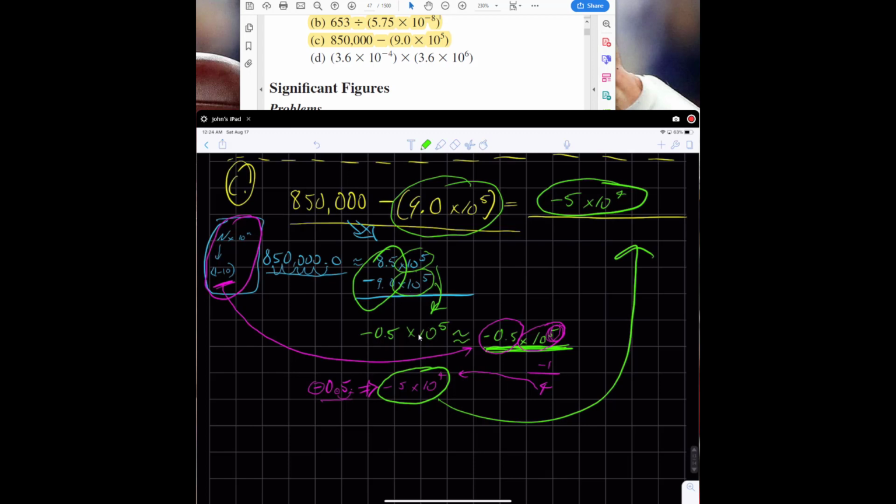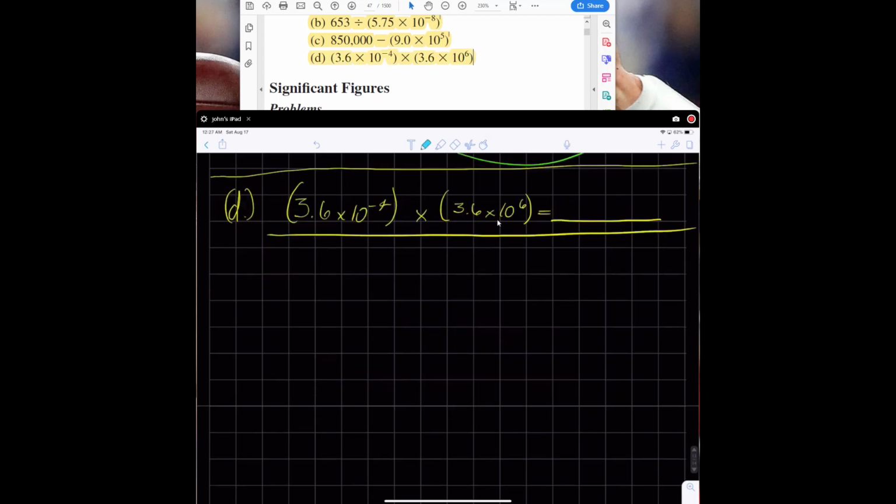We note that this times 10 to the 5 remained as it carried down here. And this is what we were left with. So because of this rule, the N prime rule, a number between 1 and 10, we had to convert again to scientific notation from here to this. And because we moved one space, we had to reduce this power by 1, and we got 4. And that's how we got this: negative 5 times 10 to the 4 power.